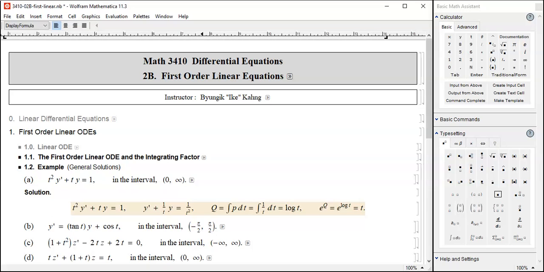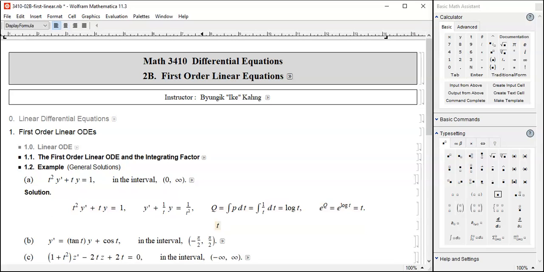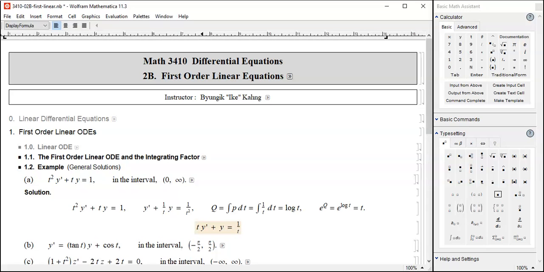Alright, the integrating factor became really easy. And now I'm going to multiply this to each term in the standard form. What do you get? t y prime plus y equals 1 over t. Did I do this right?